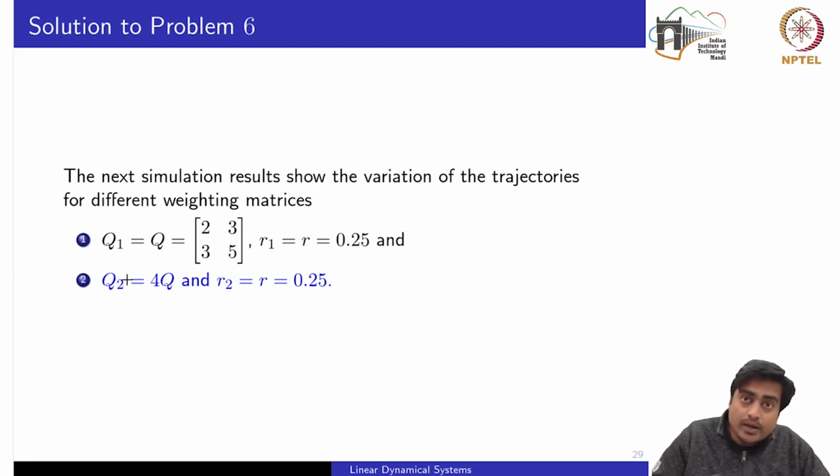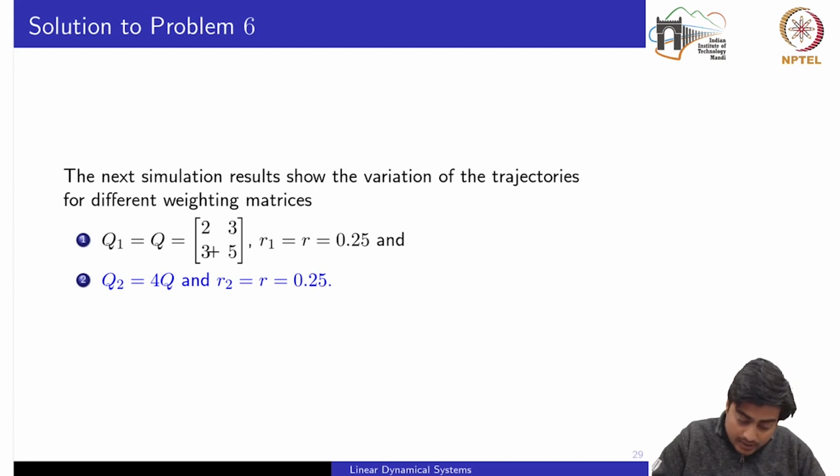I am putting more penalty on the state variable. Now if I am putting more penalty on the state variable, it implicitly means that my control signal would be more aggressive. So in scenario 2, I predict to see an aggressive control behavior as compared to case 1.